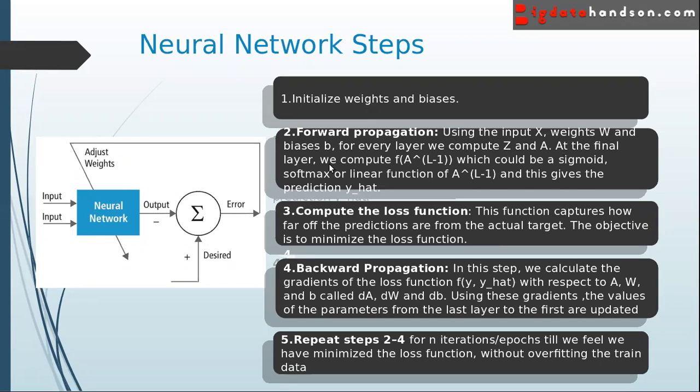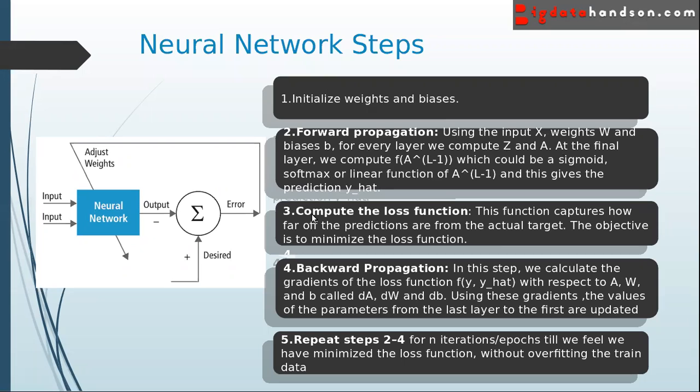At the final layer we compute the activation function, which could be a sigmoid or softmax. So we have various types of activation functions, and depending on the situation, we'll use them.